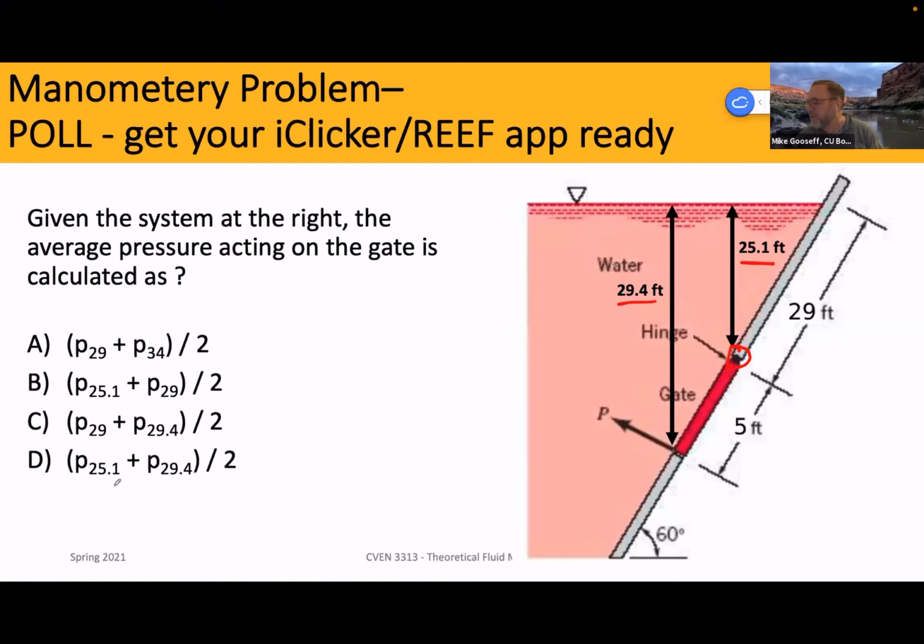So take a moment to answer that. Remember that pressure only changes when we move through elevation. So the question is, which of these heights or depths is the right one to use?